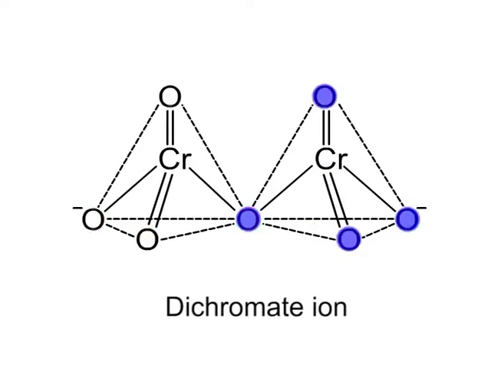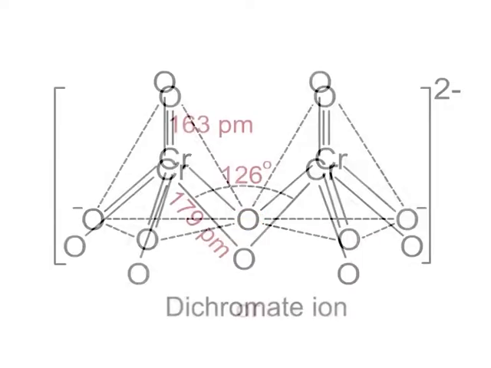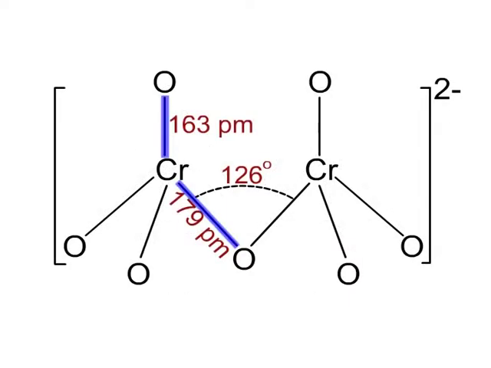In dichromate ion, 2 tetrahedra are shown, sharing 1 oxygen atom at the corner. Bond length of chromium and oxygen and bond angle of Cr-O-Cr are also depicted.